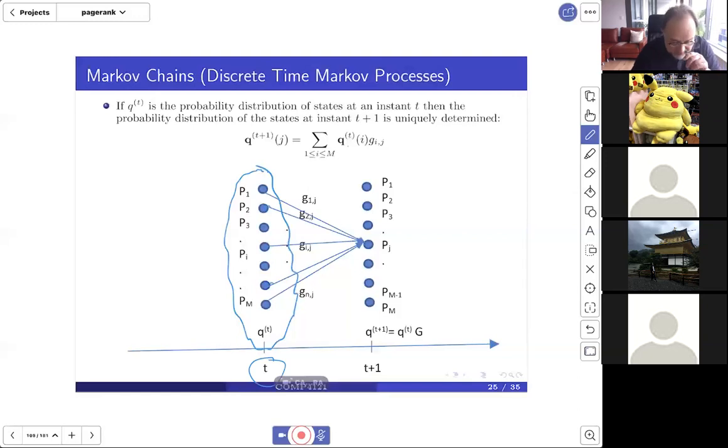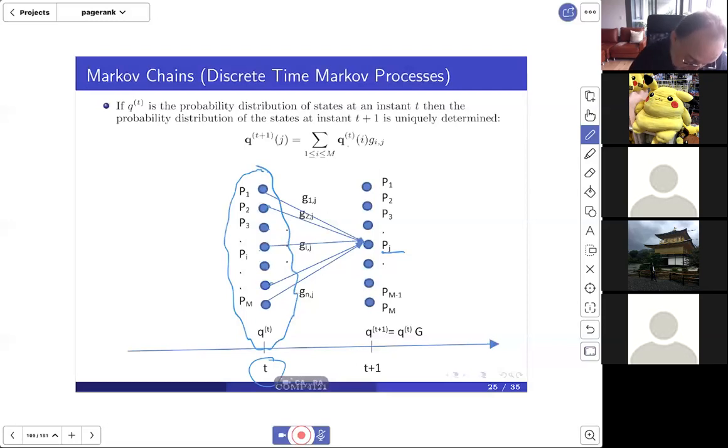In our random surfer case, probabilities to be at any web page. What are then the probabilities to be at a page Pj in the next state? Well, the probability is equal to the probability to be at P1 times the probability to take the link to Pj, which is G1j, right?